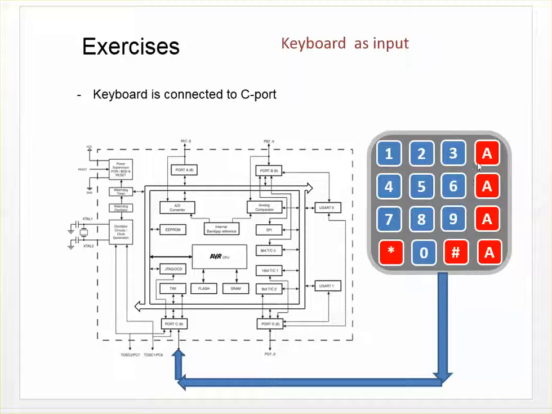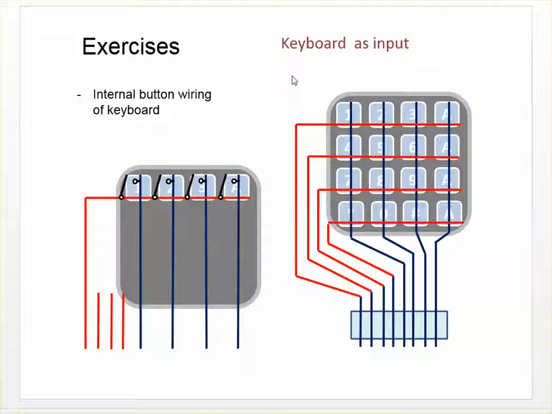So in the next exercise we will connect this 16-button keyboard to our C port. Here's the basic idea of how this keyboard has been wired. As I said, it is a 4x4 keyboard. It means there are 4 horizontal lines and then these vertical lines here.